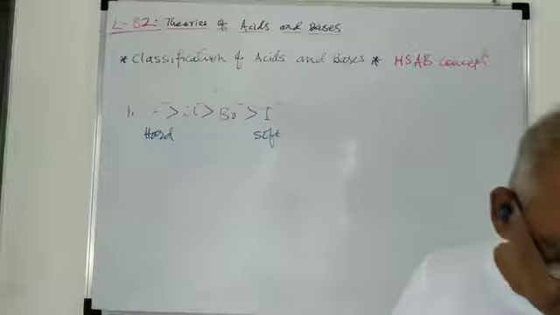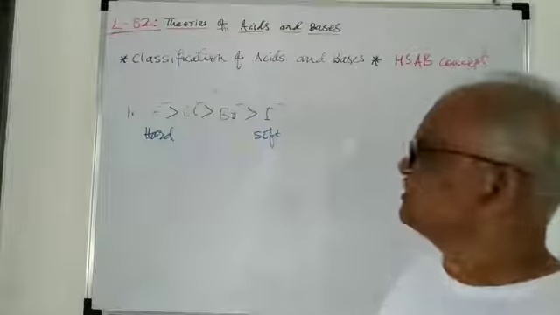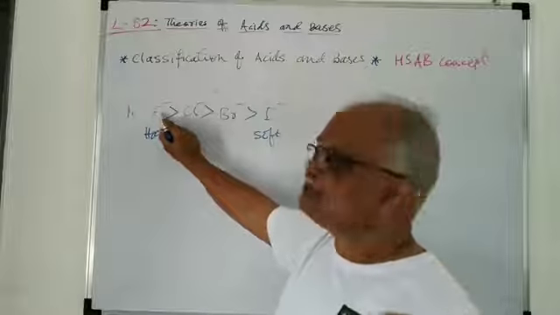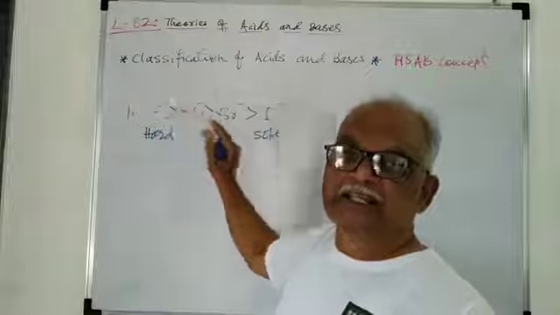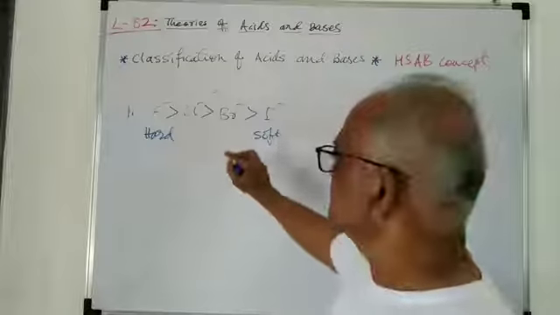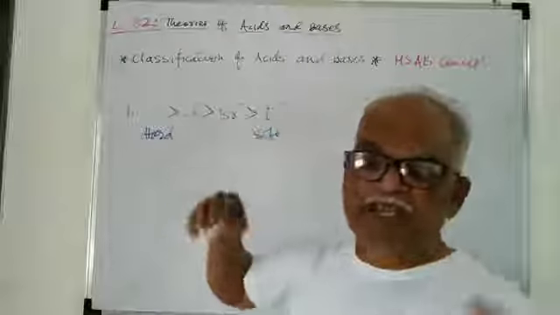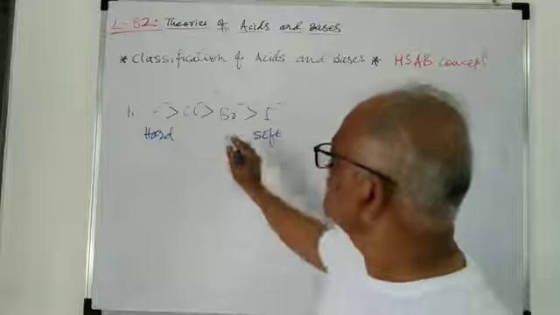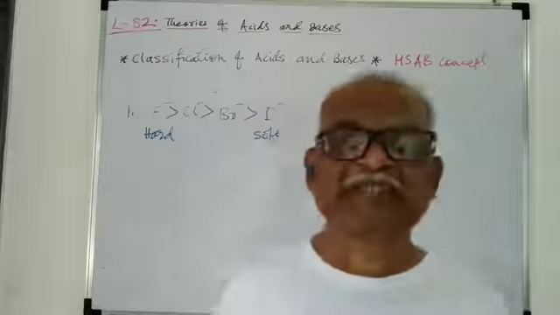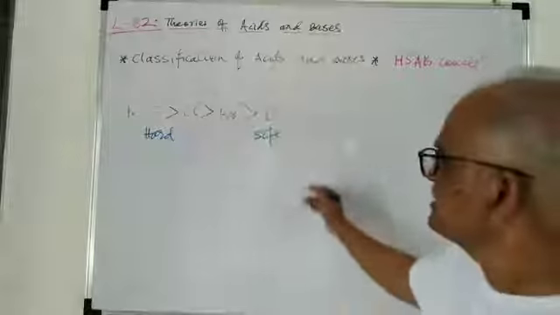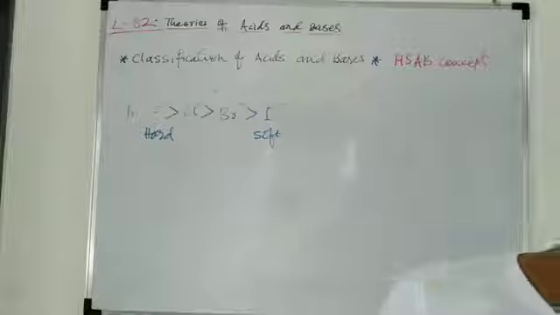If you consider the number of electrons, the electrons present in F minus are few, and it has the nearest inert gas configuration. So as the electron cloud becomes bulkier and bulkier, the polarizability of the species also increases, and that is why such species become softer and softer.